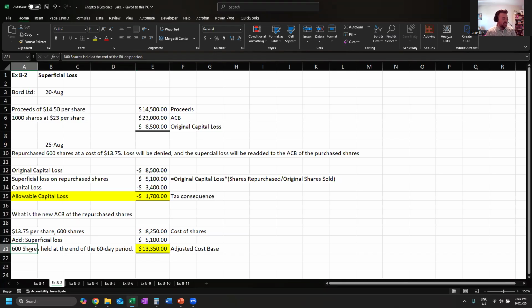So there were 600 shares still held at the end of the 30 days after, and therefore 600 shares were still held at the full 60-day period, the 30 days before and the 30 days after. So keep those in mind. 30 days before and after, that's a 60-day window that we have to be considerate of.